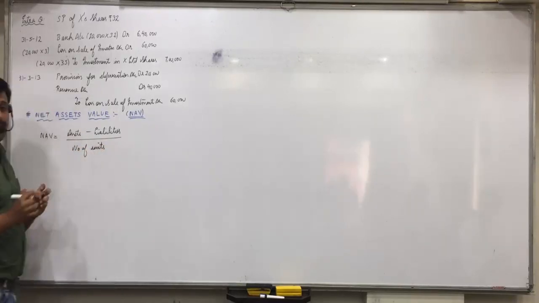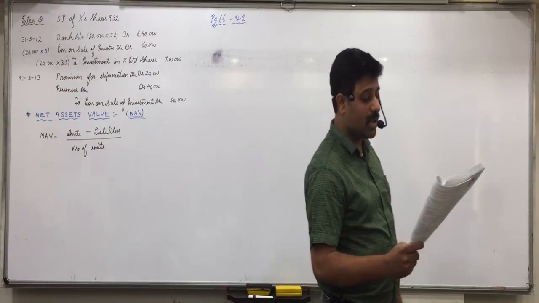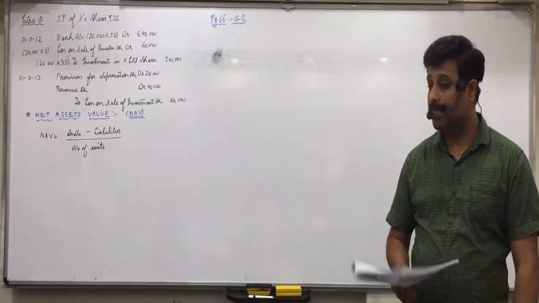Whatever number of mutual fund units are floated in the market, you divide by that to get one unit's net asset value. So what is the formula of net asset value? Net assets, that is assets minus liabilities, divided by the number of units. Is everyone clear with this? Note it down.